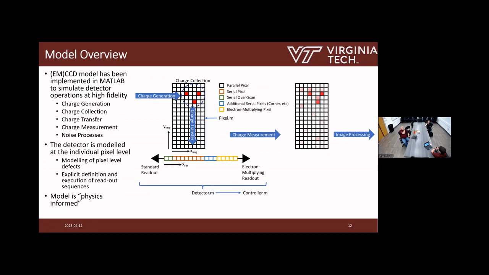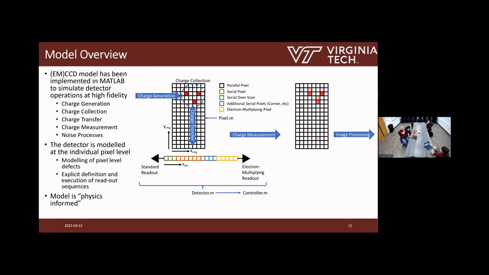And it's able to do this at the pixel level. So we can look at individual pixels and say, let's degrade performance here. Let's increase the dark current, maybe it's a hot pixel. Let's degrade CTE, maybe it's damaged by a high energy particle strike. And we can look at the effect that has on the operation.